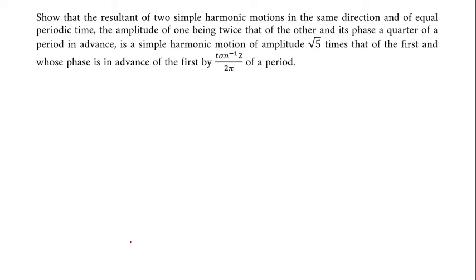They have given there are two simple harmonic motions, and they are in the same direction and of equal periodic time. We are going to find the resultant. So we should prove that the resultant of two simple harmonic motions of same direction and equal periodic time, with the given conditions.